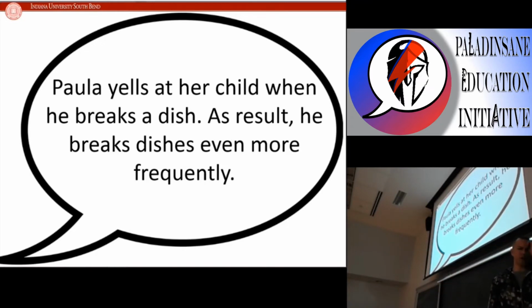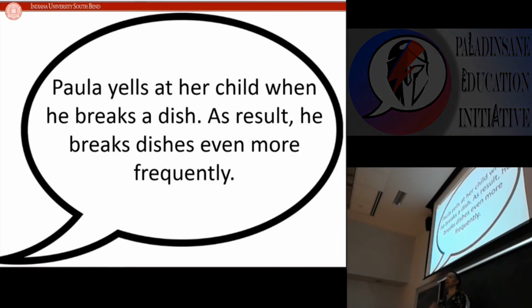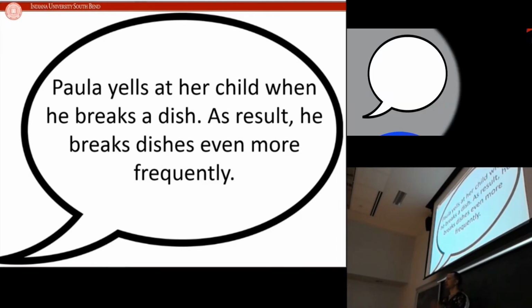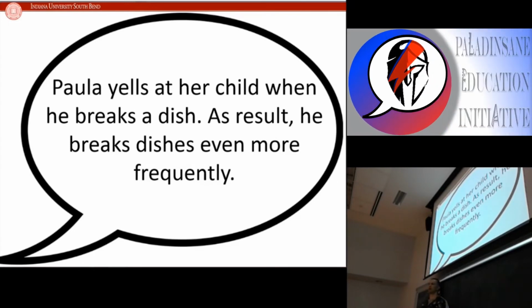And this is also a good example of where two behaviors are very explicitly mentioned. So the dishes breaking is mentioned, but also Paula's yelling is mentioned as well. And the key here to remember is that we have no information about what happens to Paula's yelling. And I would imagine that if Paula takes a look at the situation, at some point she's going to say, you know what, the yelling's not working, right?